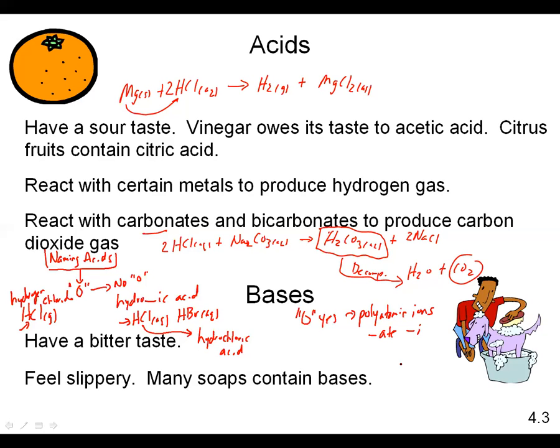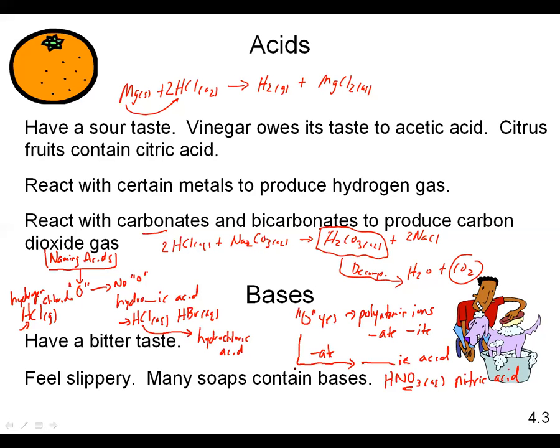If the polyatomic ion ends in ate, it's something-ic acid, so HNO3, which is nitrate, becomes nitric acid.